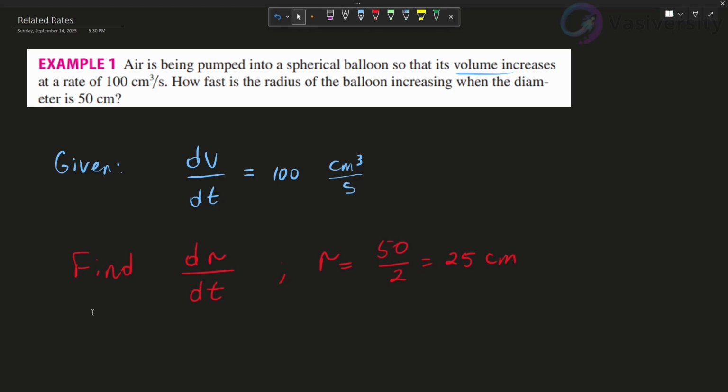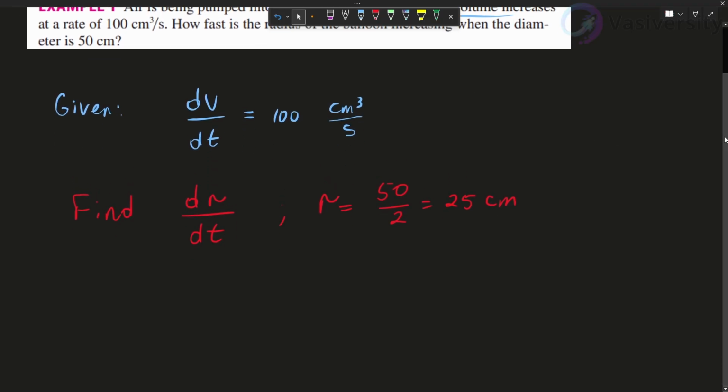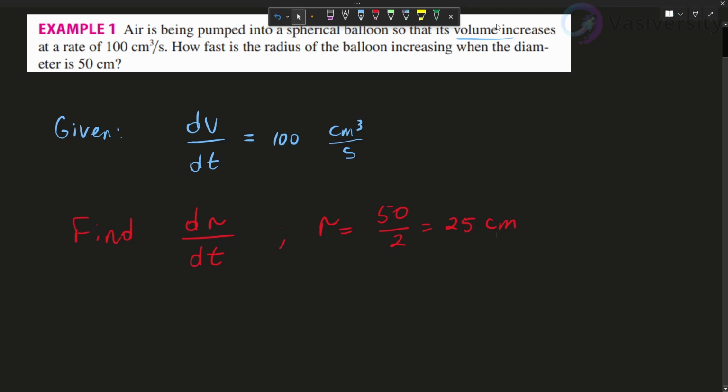So how do we use implicit differentiation in this problem? We could use it by remembering how to find the volume of a sphere. We're going to assume that the balloon is spherical. So the formula for the volume of a sphere is V equals 4/3 times pi times r cubed.